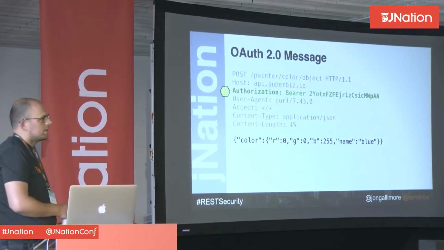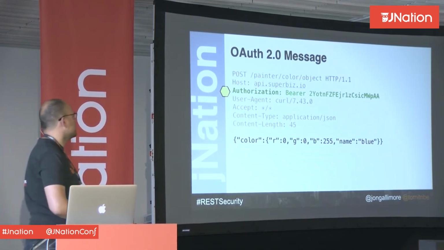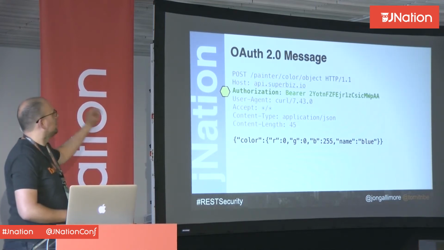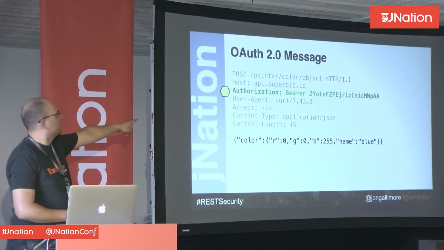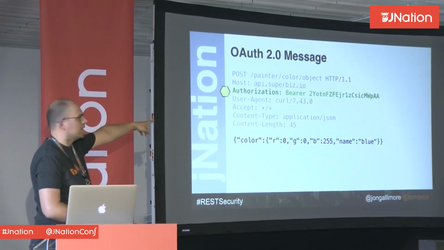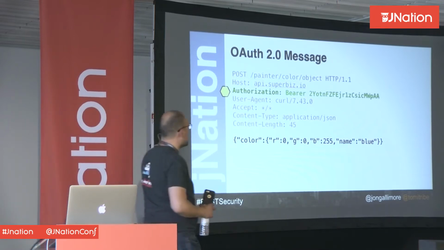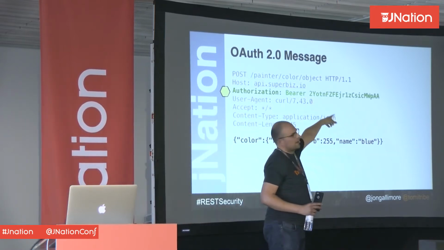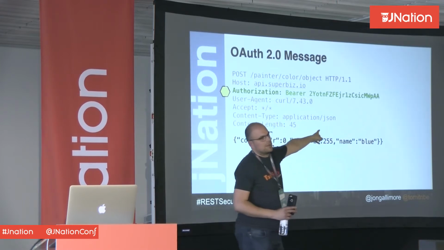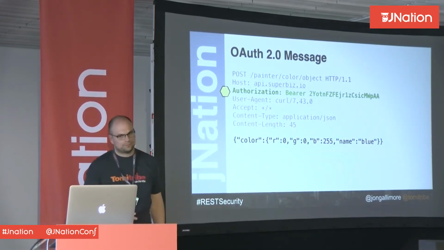When you make a REST call using OAuth, the call looks a little bit like this. We're making the same call here, but instead of sending basic authentication on our authorization header, our scheme is set to bearer, and then we provide the access token that we were given in the call to the token endpoint.